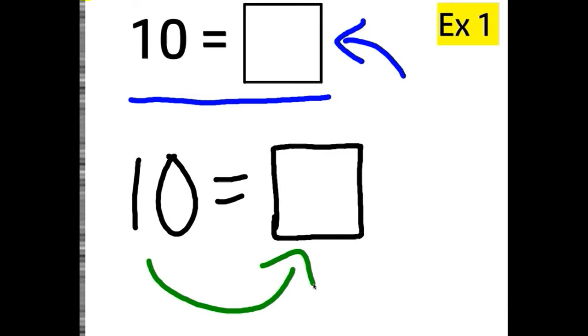It cannot be equal to 11, 12, 13. In fact, it's not even equal to 10.00001. It can only be equal to itself. So this only has one step, and that is to stick the number on one side into the box on the other side. That's the simple step, right? Again, this is called the reflexive property. The number on the left must be equal to the number on the right and vice versa.